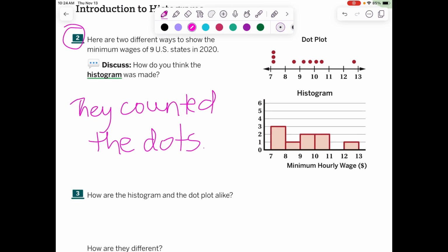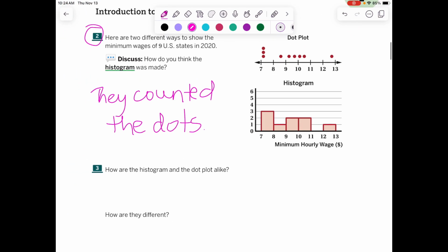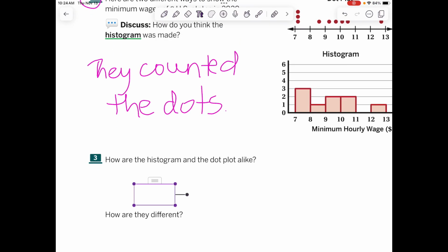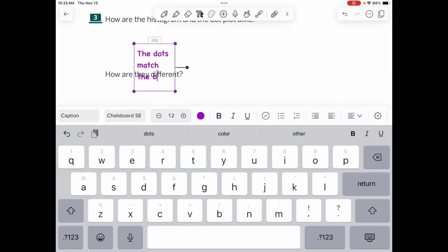All right, slide 3. How are the histogram and the dot plot alike? Well, if I take a look, they're alike because the number of dots matches the bars. So dots match the bars. And then how are they different?